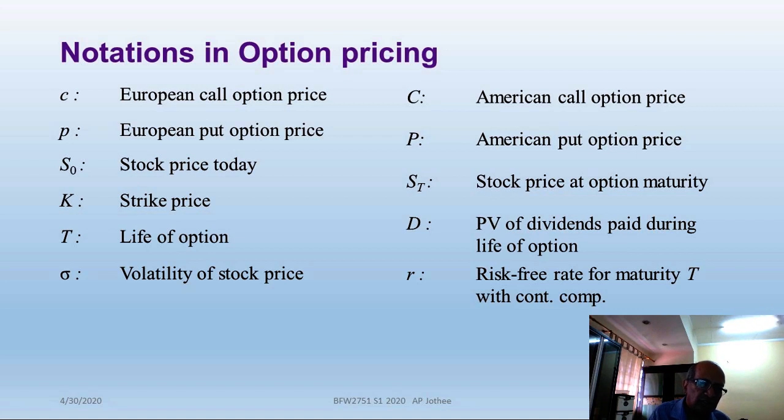The small c is the European call option price or the premium of the European call. The capital C is the American call option price or the premium of an American call option. Likewise, small p is the European put option price or European put option premium. The capital P is the American put option premium. I think it's quite clear to you.